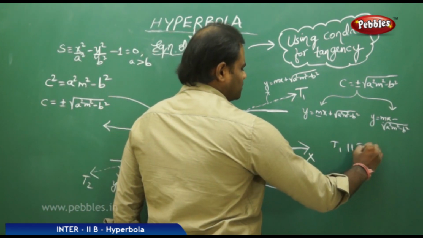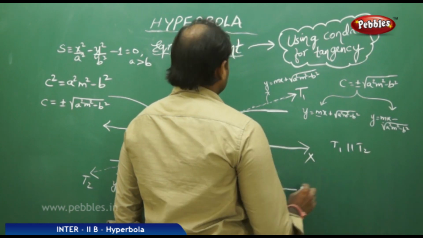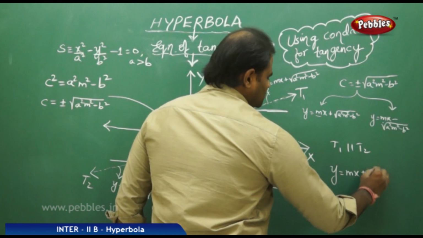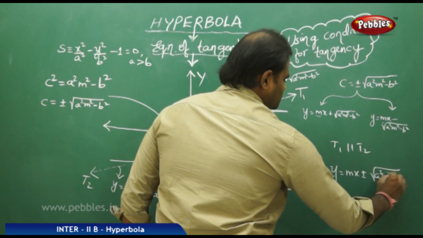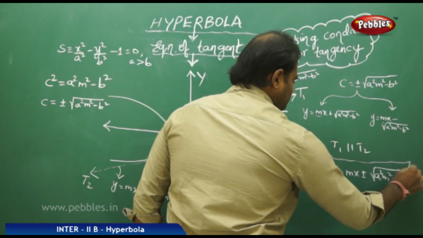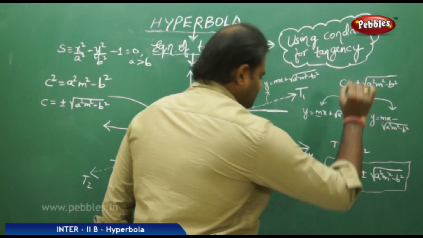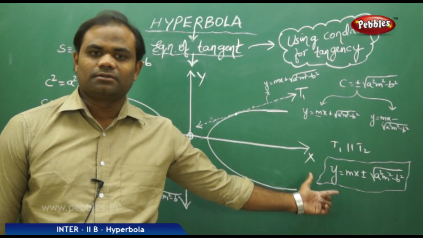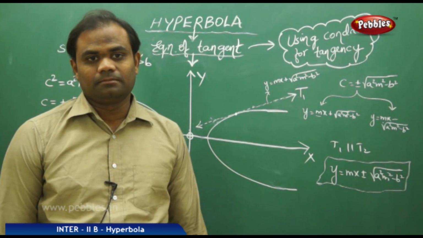T1 parallel to T2, and the equations of tangents are given by y equal to mx plus or minus root of a square m square minus b square. This is how we identify the tangent of the hyperbola.